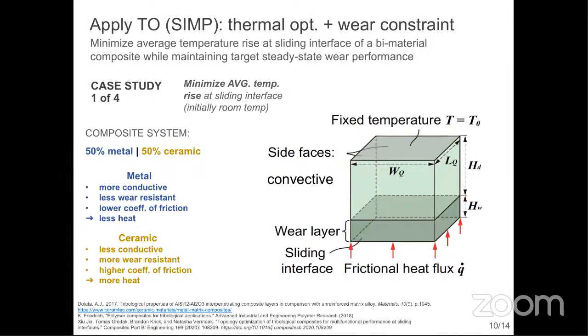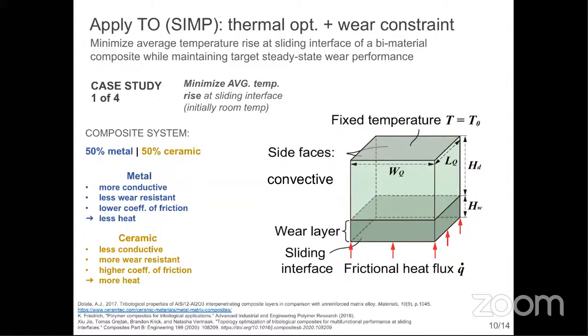Then the upper part of the design domain, light green, allows for free material distribution with a fixed material volume fraction constraint. We're gonna look at a metal ceramic system and we have a 50-50 volume fraction constraint. To impose the wear constraint, the dark green part of the design domain is set as a wear layer.